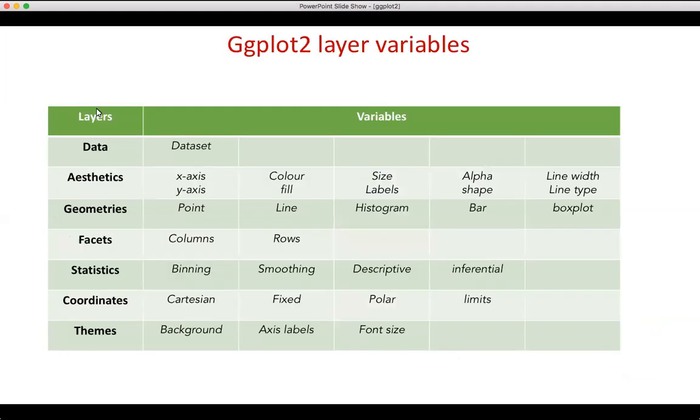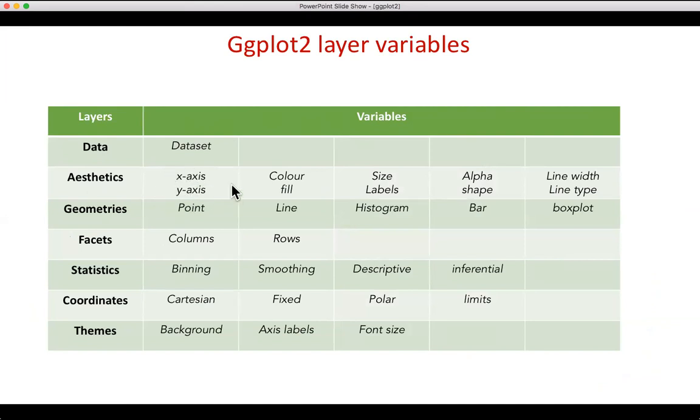So again, there are layers, and for each layer there are different variables that can be defined. If you're looking at the data, we are primarily importing a data set, generally a data frame, the kind of data which we pull in, and then certain columns you want to select and plot.